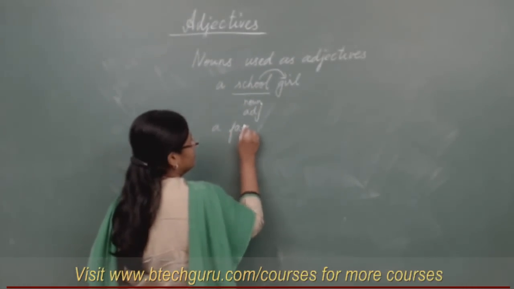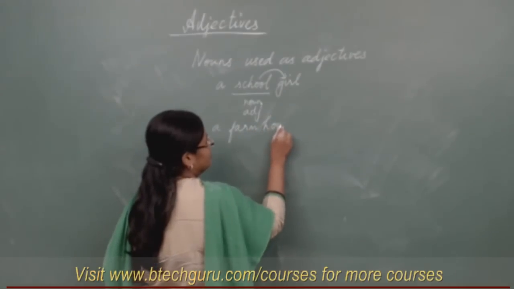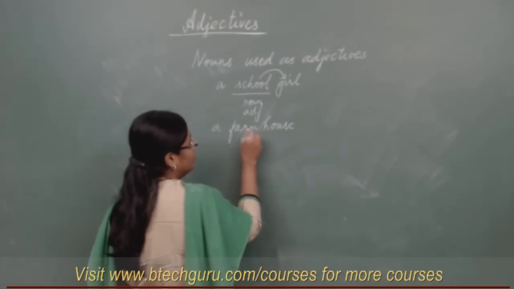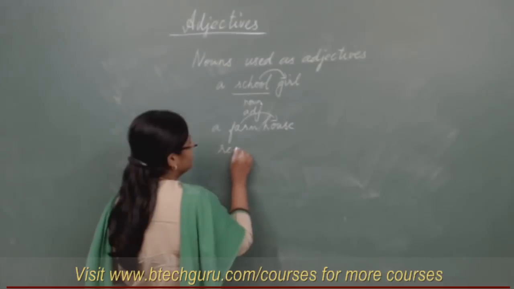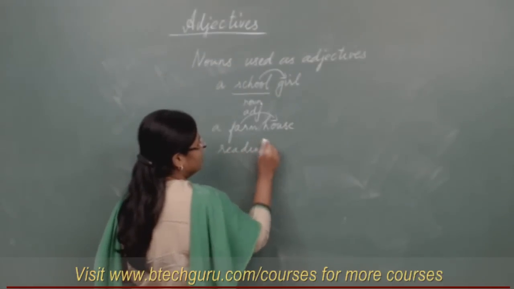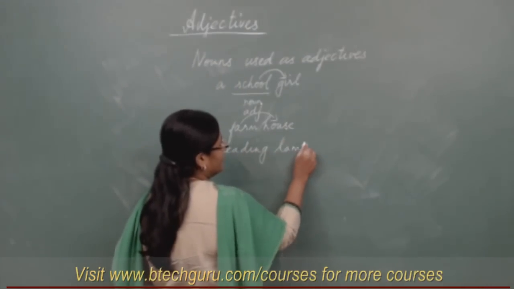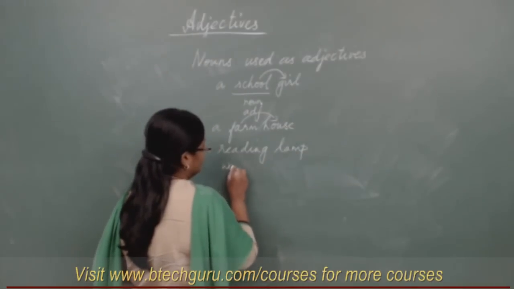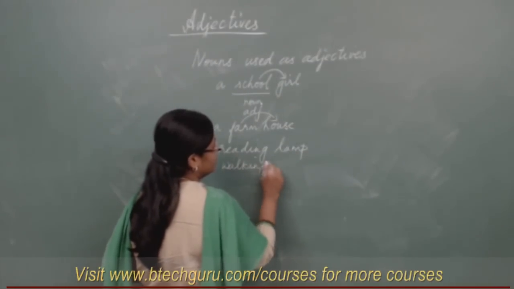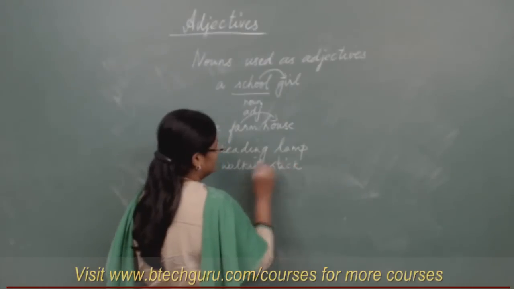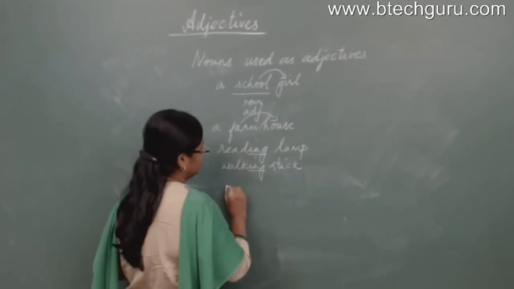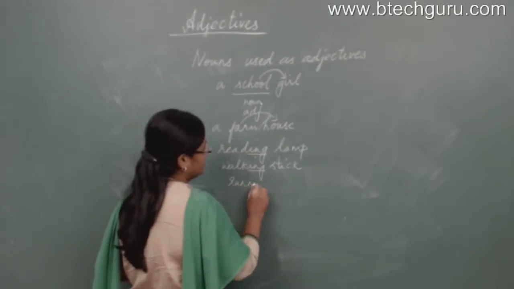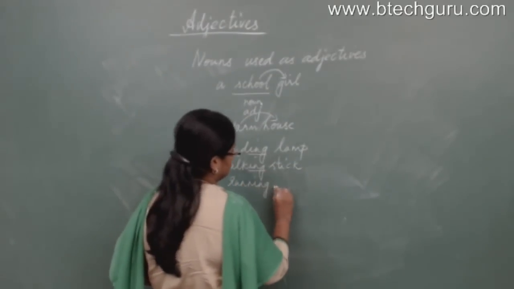A farmhouse. Farm is generally a noun, but here it talks about the house. Then we have those gerunds, reading lamp, like walking stick, which we discussed earlier in this class. These are participles with ing used as adjectives, running shoes.